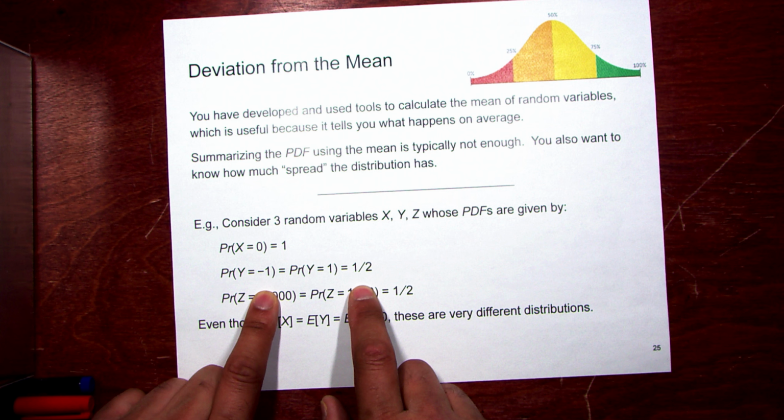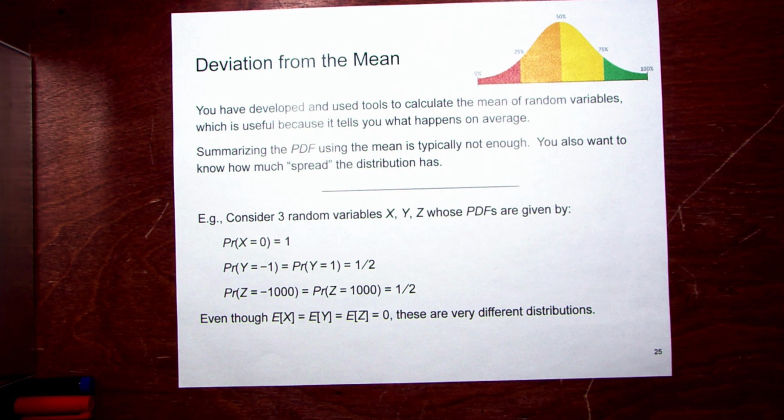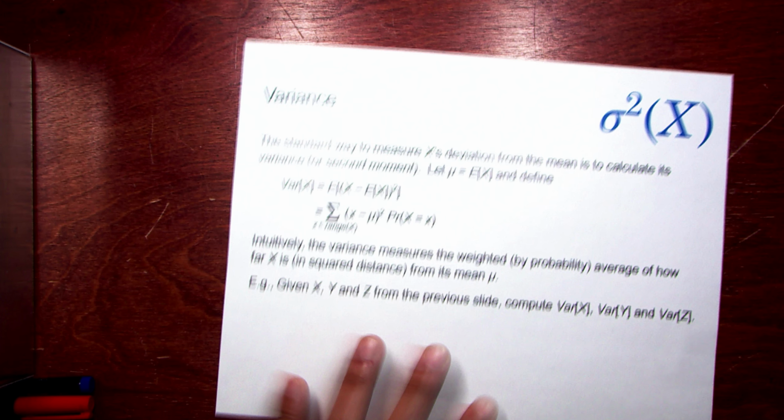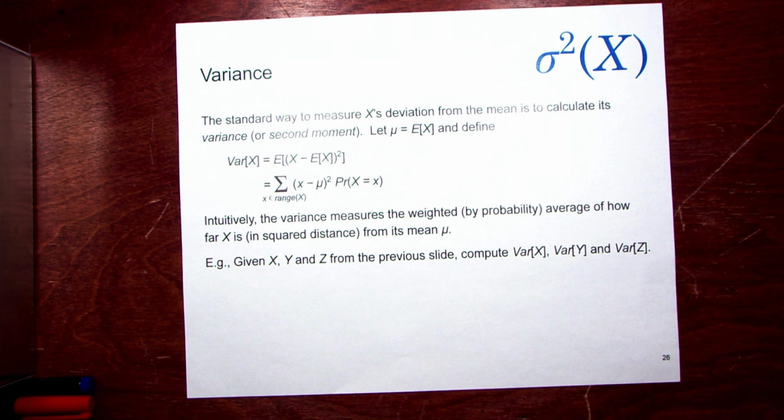Again, the average is 0, but these are much more spread out as we go down the page. So they're very different distributions, and we'll analyze what the metric gives us for each of them as our first example. But first, how do we calculate these things?